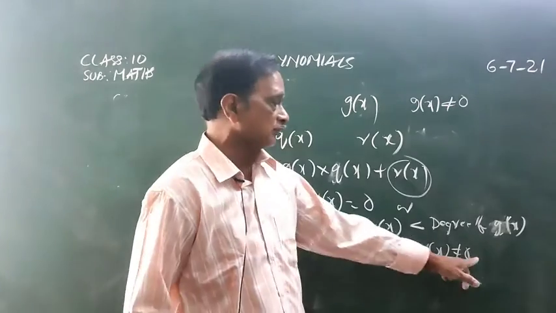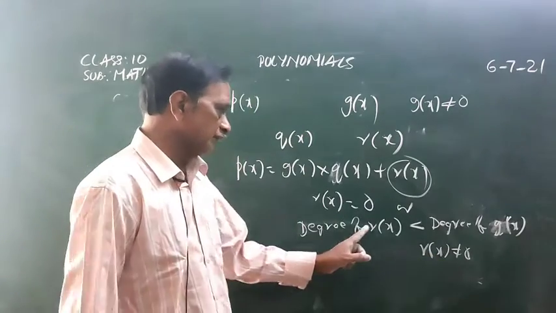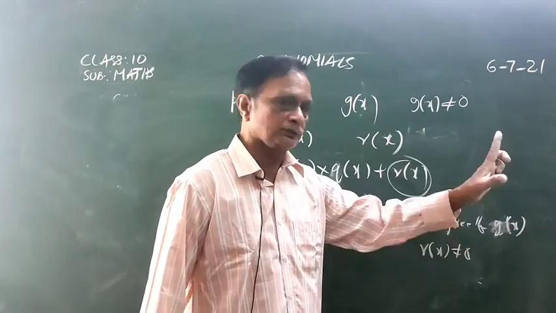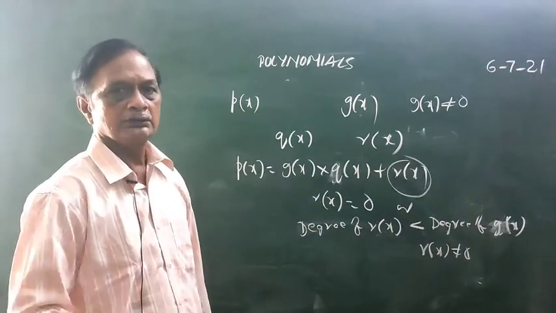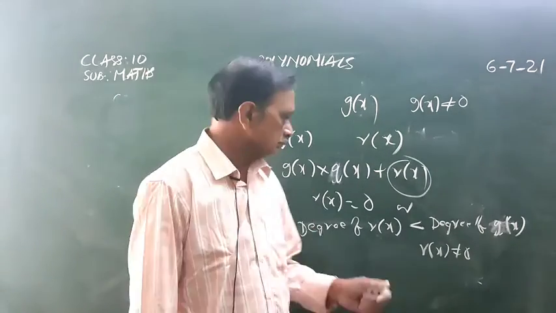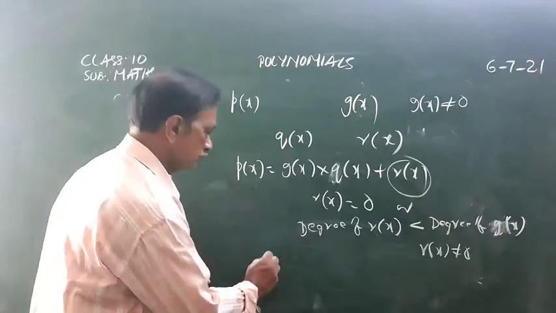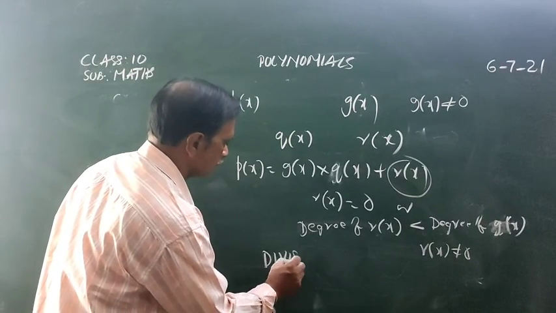When r of x is not equal to 0, then the degree of remainder should be less than the degree of g of x. That means degree of the remainder is less than the degree of the divisor. This rule is called division algorithm.